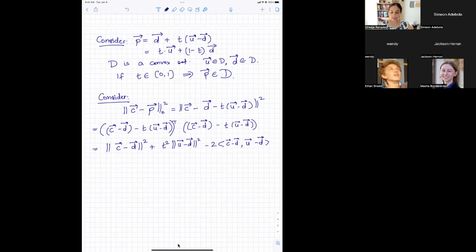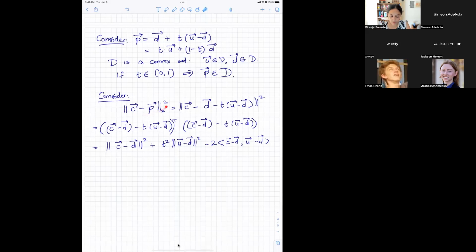Okay, does everyone see what we've done? I just did a little bit of massaging. What do we want to show? We want to consider this distance, and we want to be able to say that P is closer to C than D is, right? So I want to have that this distance is smaller than this distance. I missed that there's a T here.